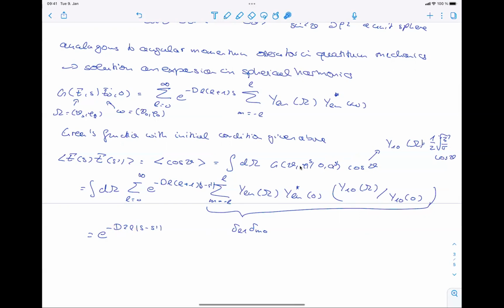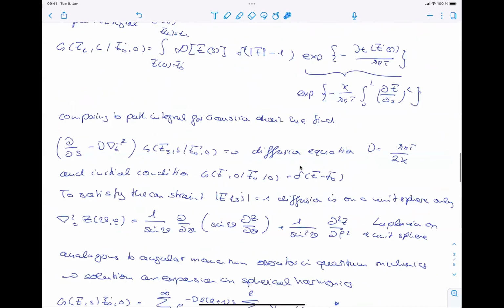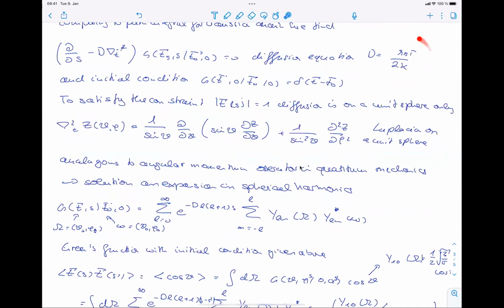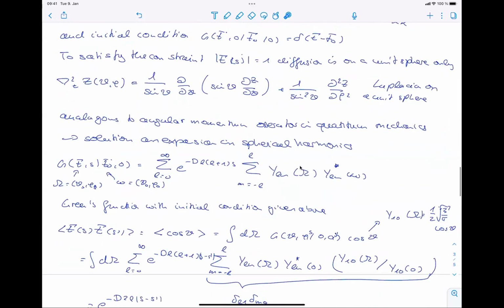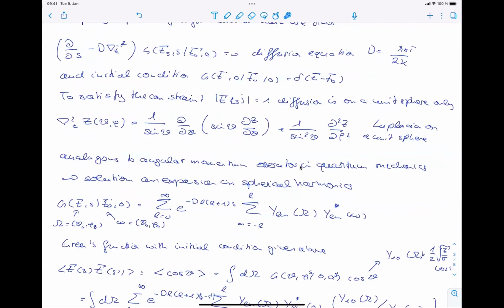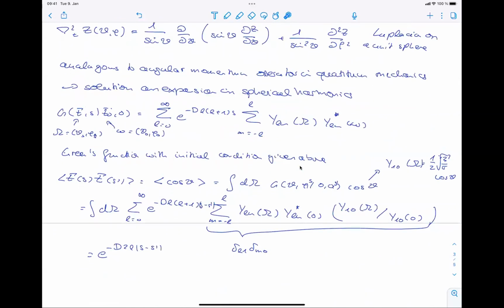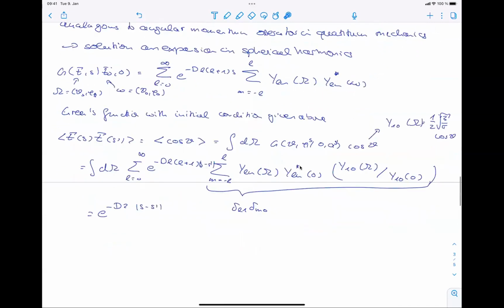Remember, we have the diffusion constant here. The diffusion constant was kBT over 2 kappa, which is 1 over 2 LP. And so I don't know why there's an L left. Put in the L. There we go. So it's distance over LP.